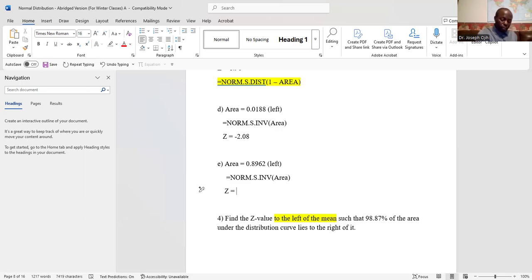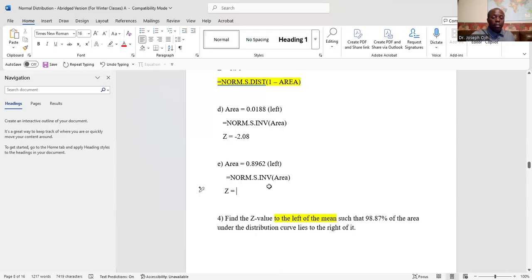So in that case, our Z becomes, we're given the area 0.8962. Okay. So take it to the Excel.